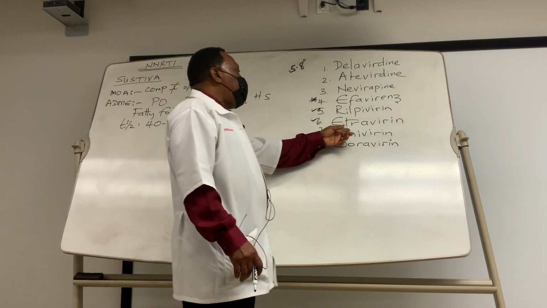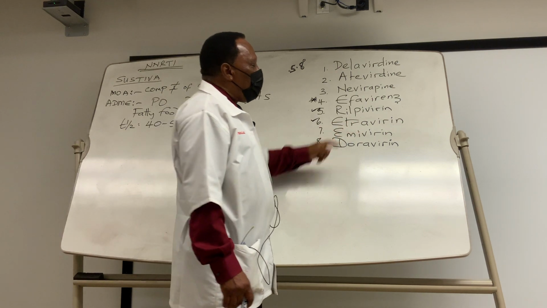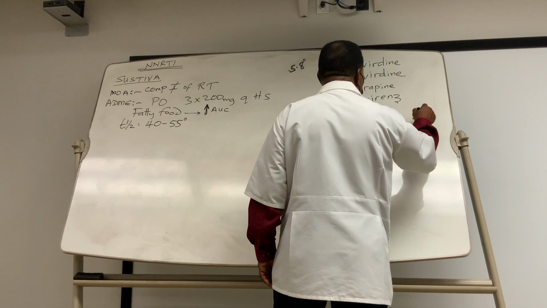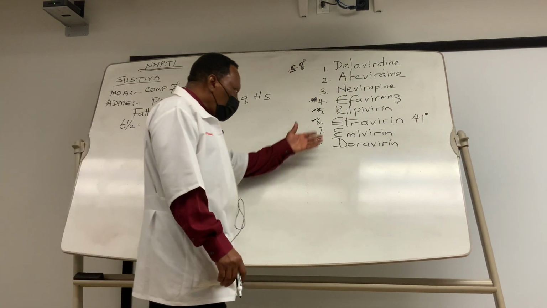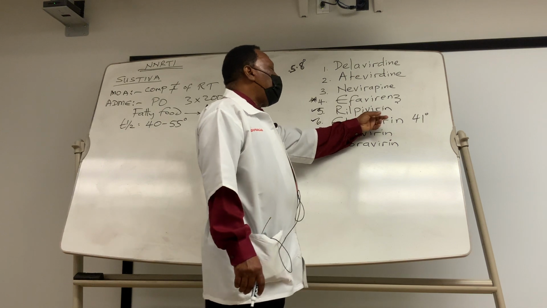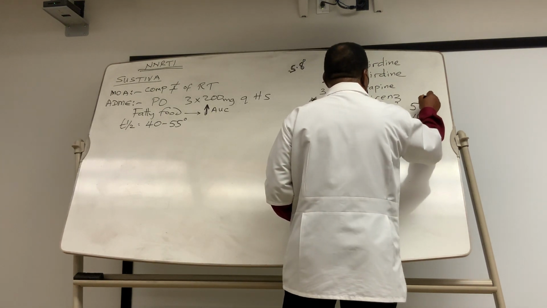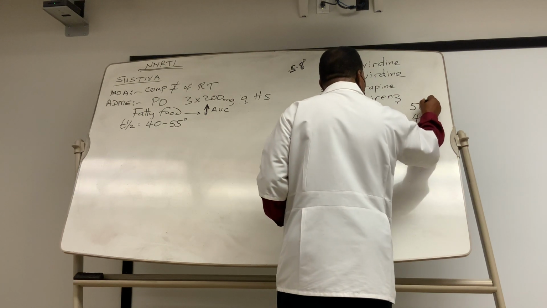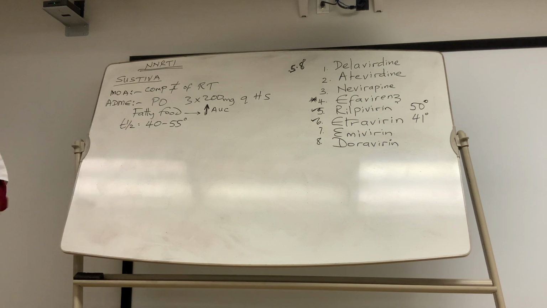If you look at the half-life for etravirine, that is about 41 hours. If you look at the half-life for your rilpivirine, it is about 50 hours. Okay. And the range for Sustiva is 40 to 55.